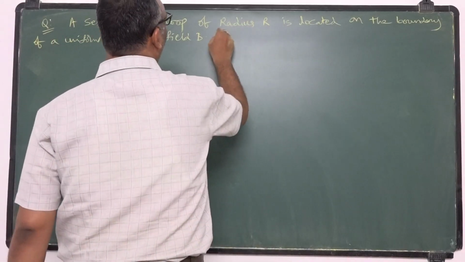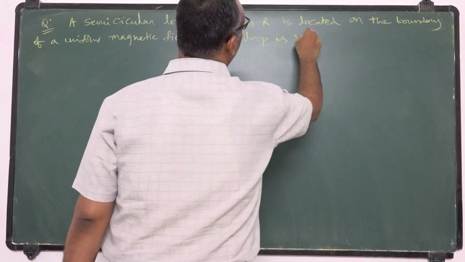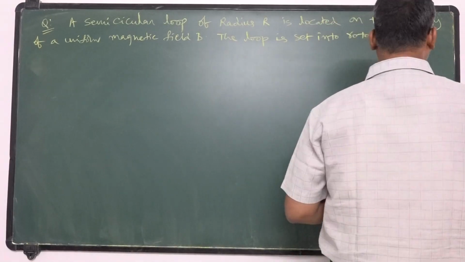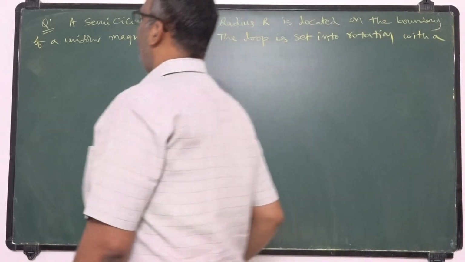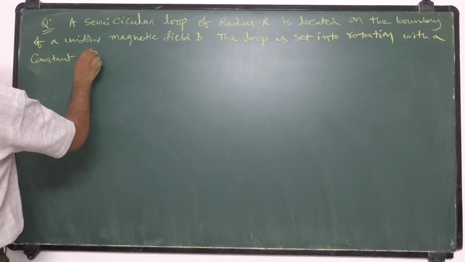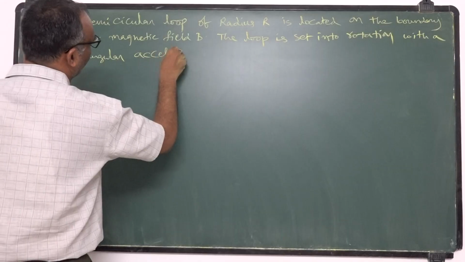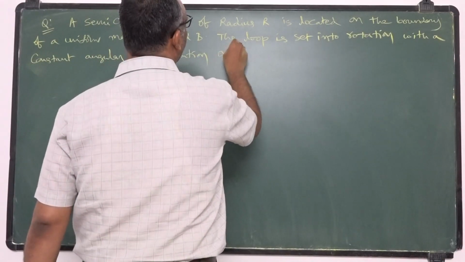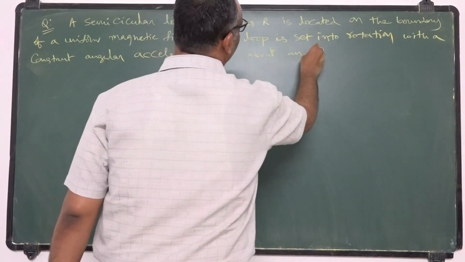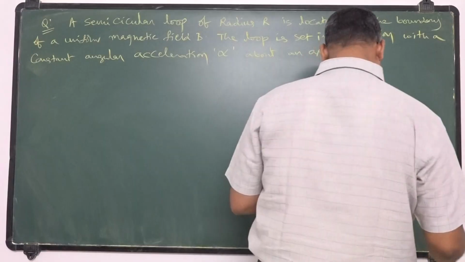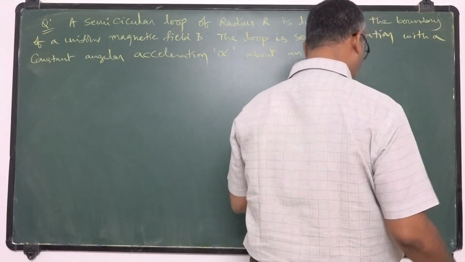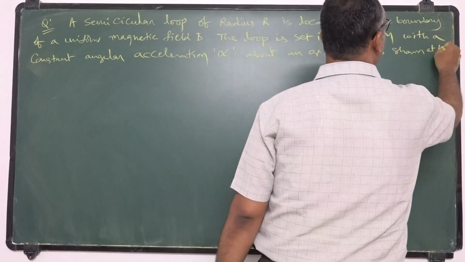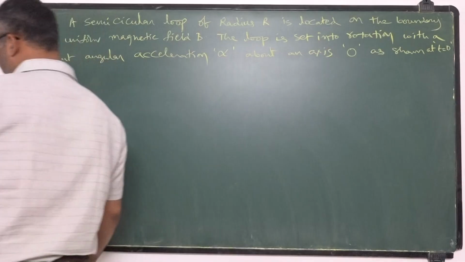The loop is set into rotation with a constant angular acceleration alpha about an axis O, as shown, at time t equal to 0.